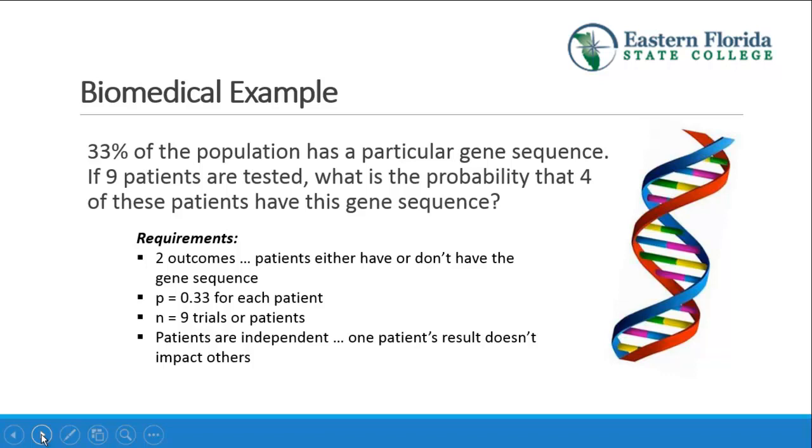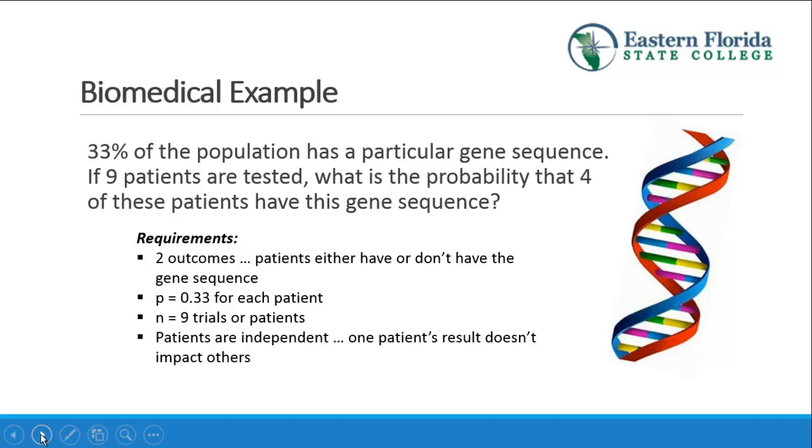And fourth, one patient's having or not having the gene sequence has no impact on the following patient having or not having that same gene sequence. Therefore, trials are statistically independent. We meet those 4 requirements, therefore this is a binomial experiment.